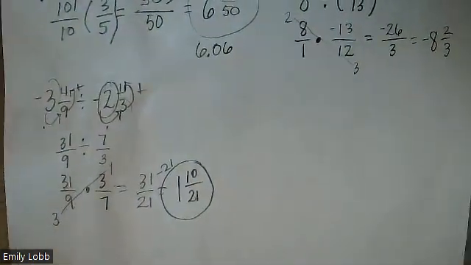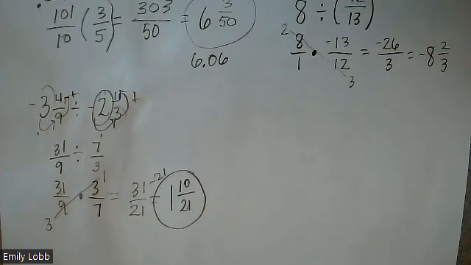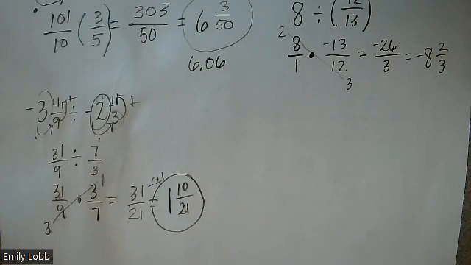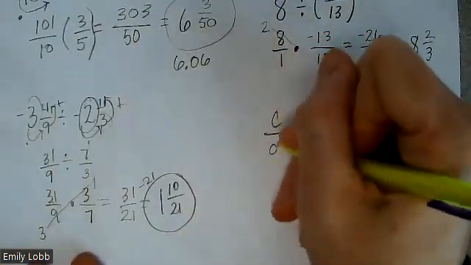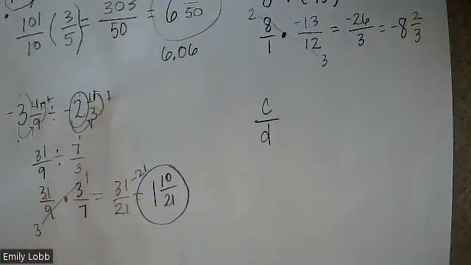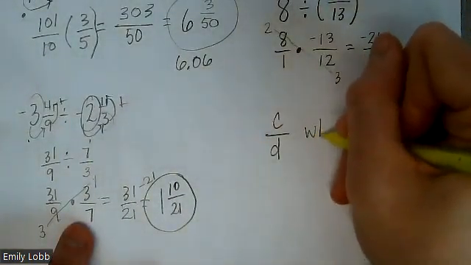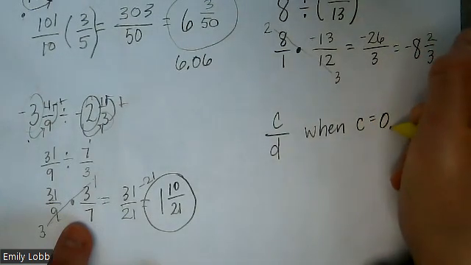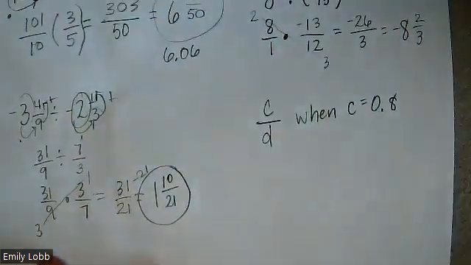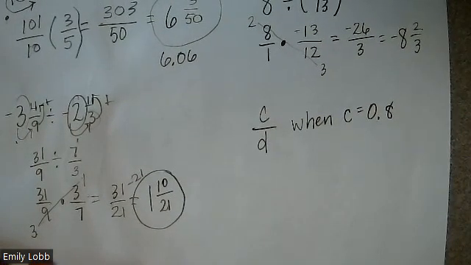All right. One more. I can go over the last few too later if you want, but here is C over D. Remember what that fraction bar means? Divided by. When C is equal to 0.8, how would I say that? 8/10, right?